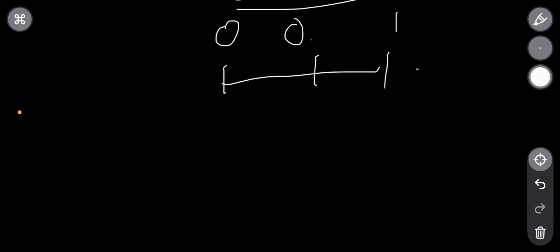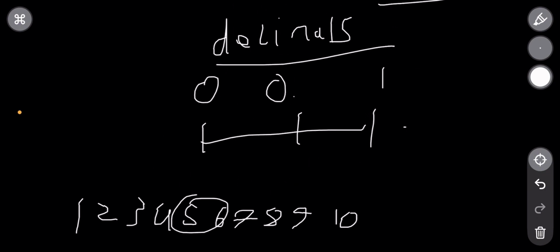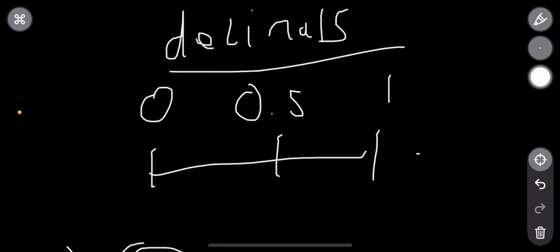If we write out the numbers, what is the halfway mark between the numbers? 5. So it's halfway, 0.5. Just like this would be 0.7. Right? But this here would be 0.6.